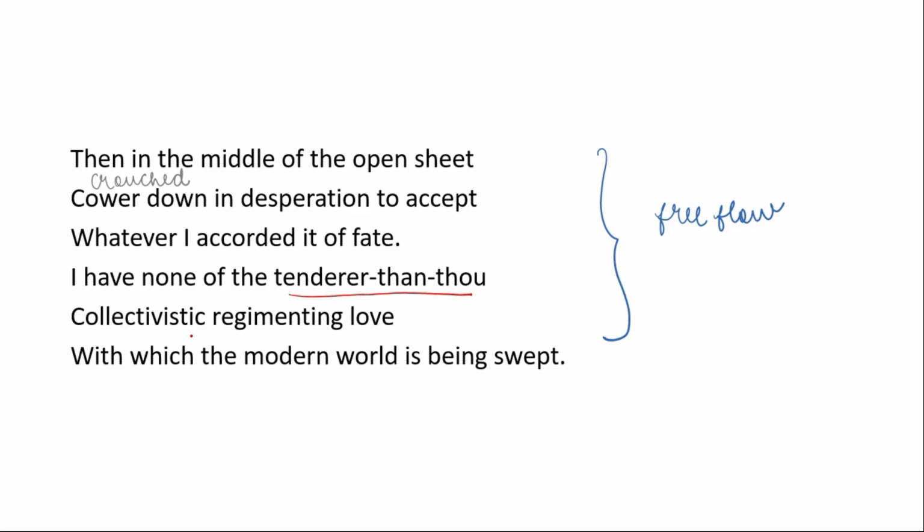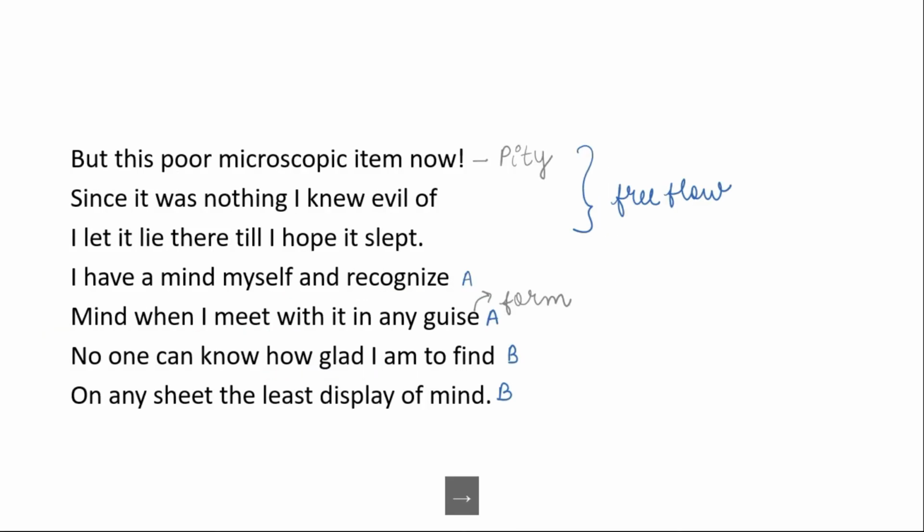Where a single person's feeling is not given importance over that of the entire group. And regimenting love means a very controlling type of nature. So he neither has this gentle nature nor this very controlling collectivistic love, which the modern world is being swept by. Most of the people in the modern world are following this kind of love, but he does not have either of it.